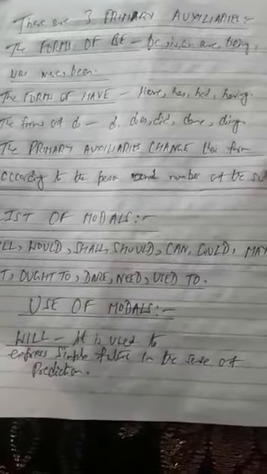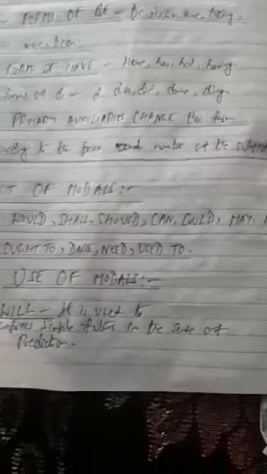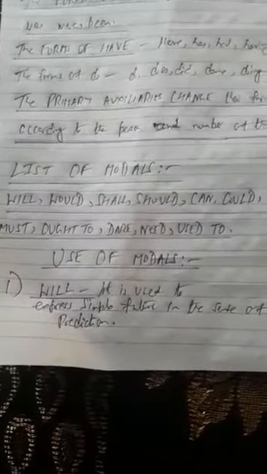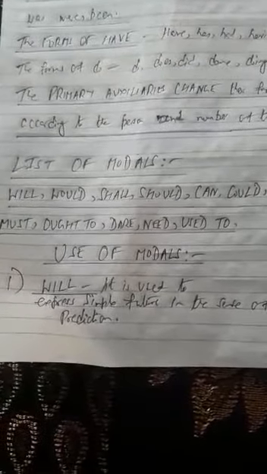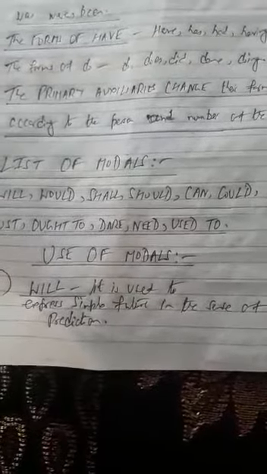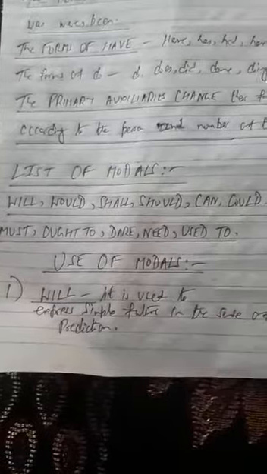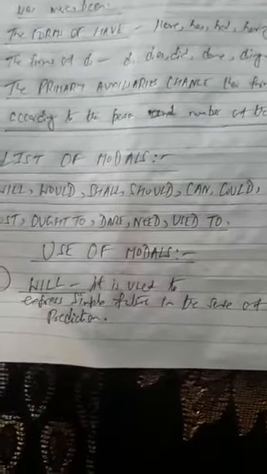The primary auxiliaries change their form according to the person and the number of the subject. So now, a list of modals: will, would, shall, should, can, could, may, must, ought to, dare, need, used to.